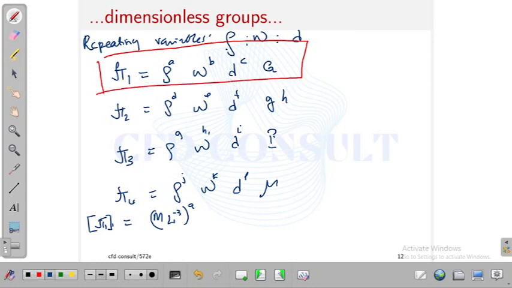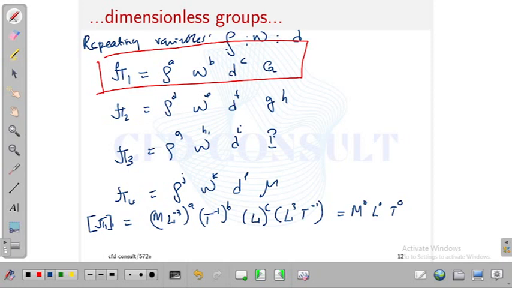So the dimensions of omega, we have said, will be T to the minus 1, and this is power b. Then the dimensions of D is just a length dimension, so this is L power c. Then the dimensions of Q, the discharge, will be L cubed per unit time, T to the minus 1. And this should be equivalent to M null, L null, T null.